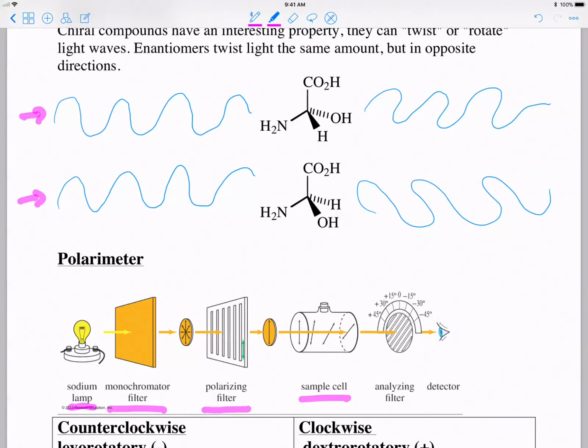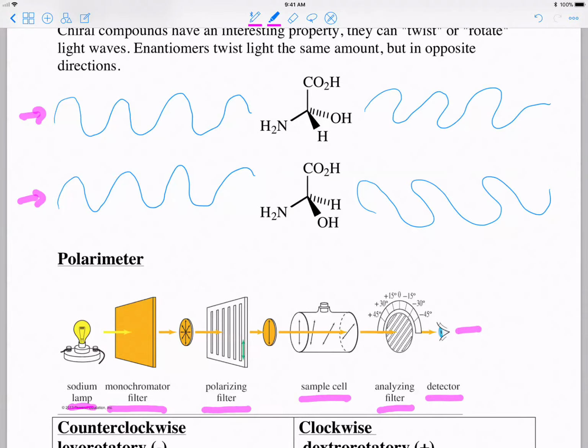The standard sample length is about a 10 centimeter or 1 decimeter container. If the compound in there is optically active, it will rotate light. The analyzing filter is nothing more than a little filter here that can measure the number of degrees it's been rotated either clockwise or counterclockwise, viewed from the detector.